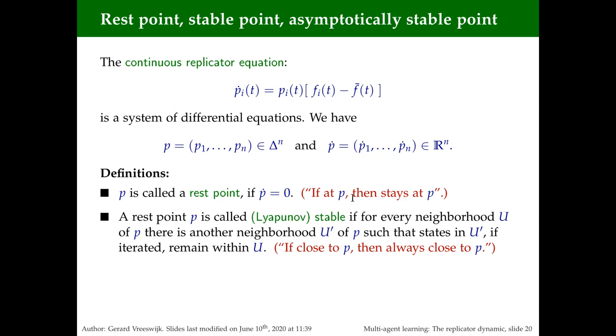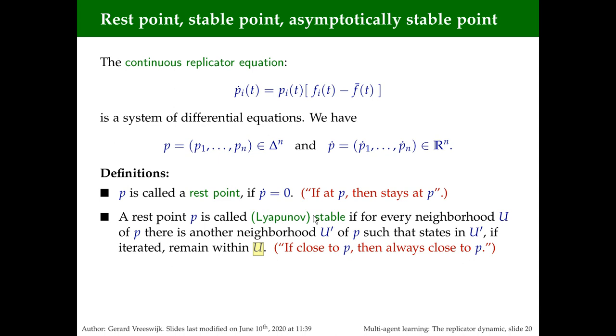So the official definition is, if for every neighborhood U of P, there is another neighborhood U prime of P, usually a smaller neighborhood, such that states in U prime remain within the larger neighborhood U. So you probably have to pick a smaller neighborhood to guarantee that the trajectories remain within the larger neighborhood. So basically Lyapunov stable, or just stable, means if you're close to P, then you remain close to P.